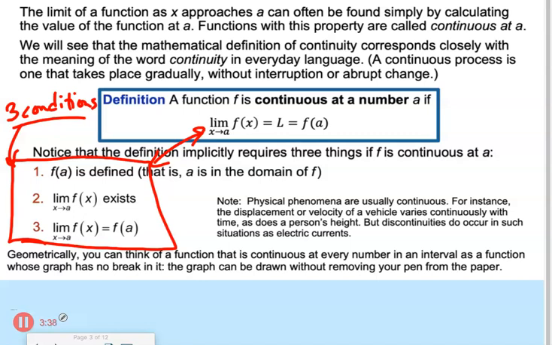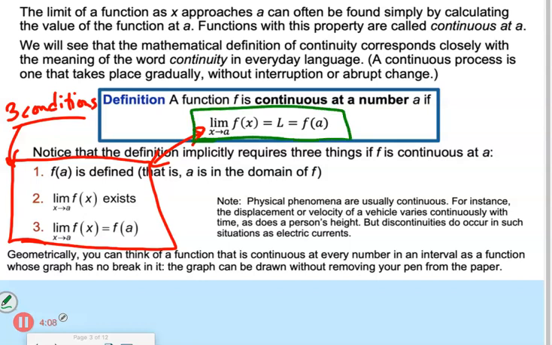But if the function is discontinuous, that's where you break it down into one of these, because one of these is going to fail. Either it's discontinuous because the function's undefined, or because the limit doesn't exist, or because they don't equal each other. One of those 3 things is going to be your reason for discontinuity. So if you're showing continuity, you use this one.